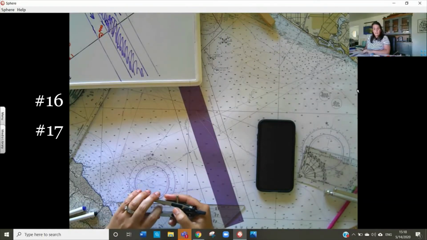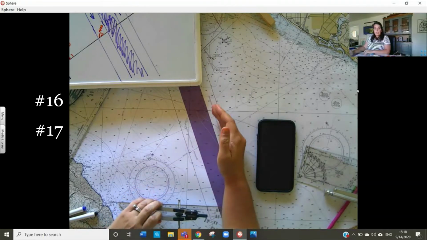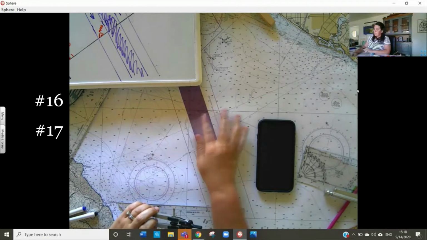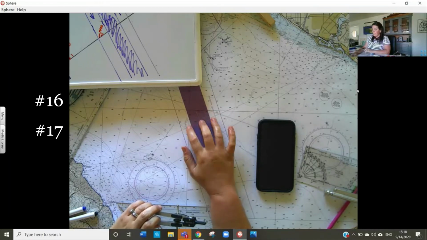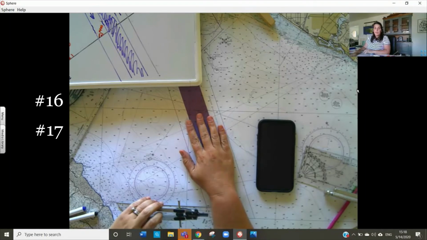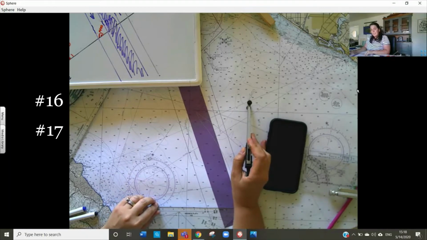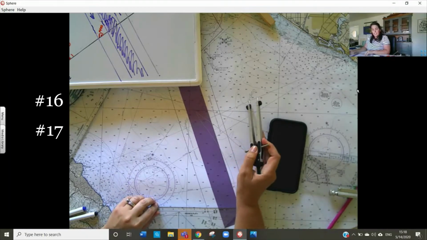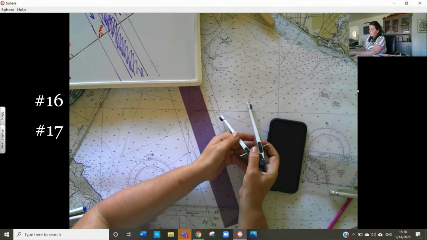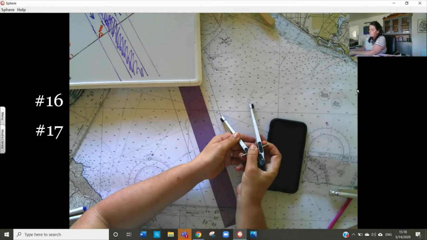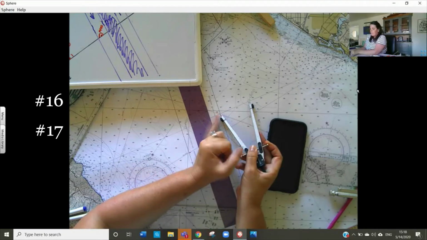Okay, so our next few questions ask us about the ETAs, entering the traffic lane and exiting the traffic lane. That's when we want to be alert for bigger traffic in the area and give them the right of way if they are using the traffic lane and we are crossing it. So if we are sure that we have calculated our 1300 DR position correctly, we can just measure from our 1300 position to make our math a little bit easier to figure out that distance and create an ETA for entering and exiting.